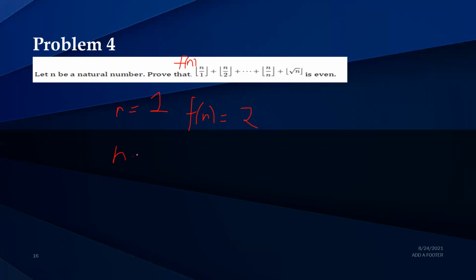Now let's put n is equal to 2. Then we'll get fn equal to, so 2 by 1, so 2, 2 plus 3, 3 plus root of 2 is 1.4, so 4. Now let's put n is equal to 3.